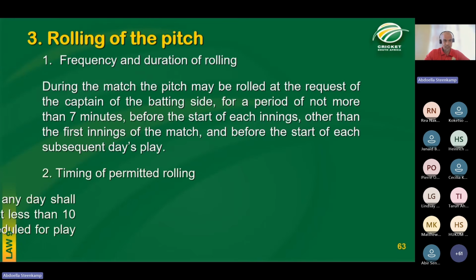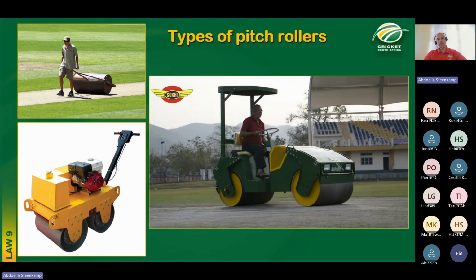I just want to get to the next slide. So at most international grounds, you will find more than one roller available. They usually have 3 rollers available. On the right, you'll see a big, we call it a big or heavy roller. Left bottom is the medium roller, and left top is the light or hand roller.